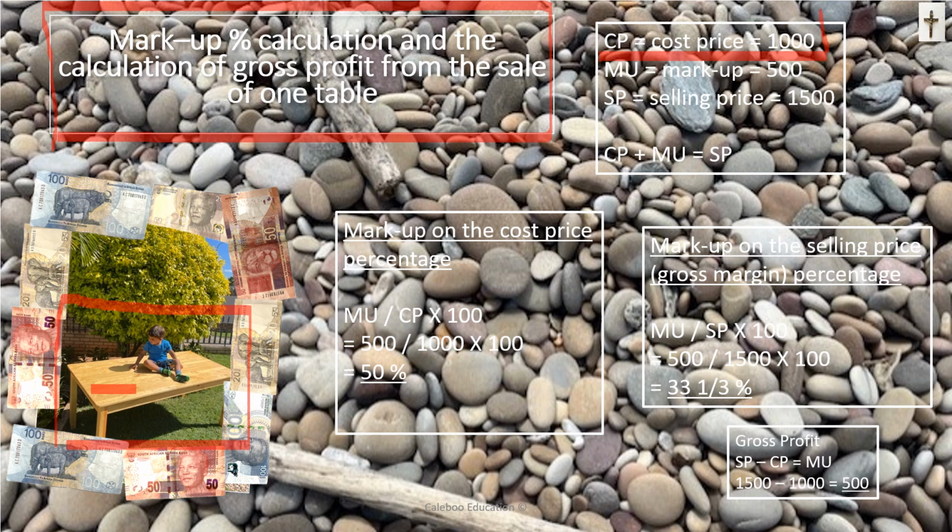The cost price of the one table was 1,000. The markup was 500 and the selling price was 1,500. So cost price plus markup is equal to selling price.